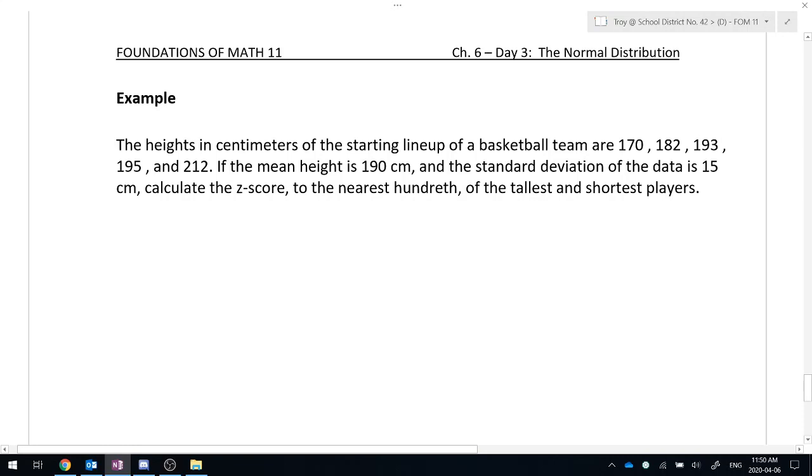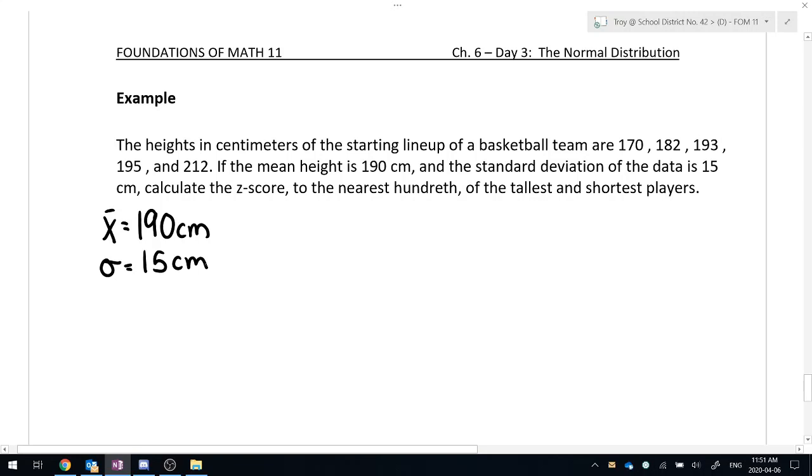These heights are given in centimeters: 170, 182, 193, 195, and 212. We're given the mean and the standard deviation. The mean is 190 centimeters, and the standard deviation is 15 centimeters.